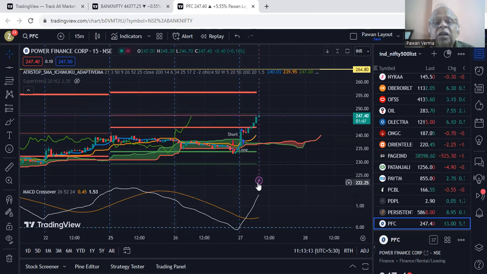The crossover 238.50, just see this line here. Interesting tendency is overlapping, yes, overlapping. This is the point where the crossover is seen.